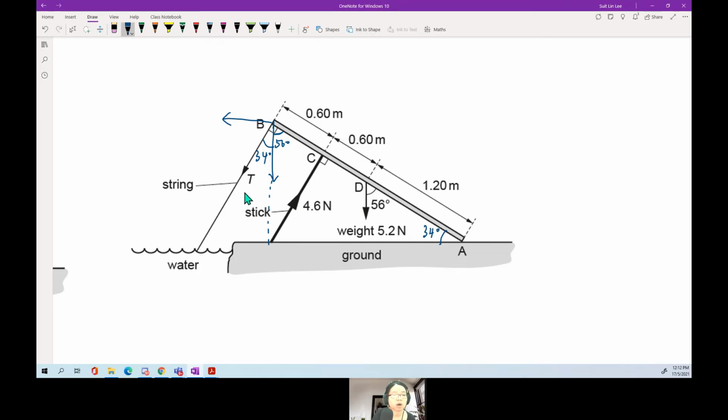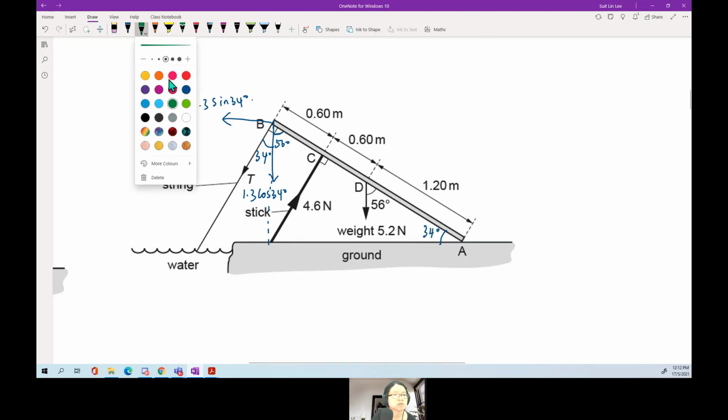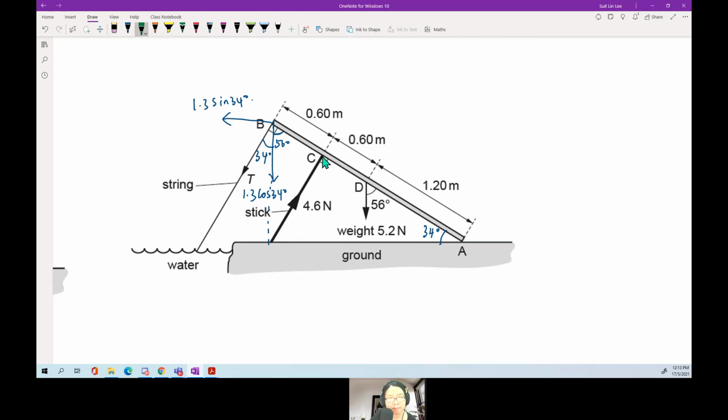So I have T is 1.3, I'm sticking to 1.3 now, okay? So this is 1.3 cos 34, and this is 1.3 sine 34. Okay, one done. Next. This one.